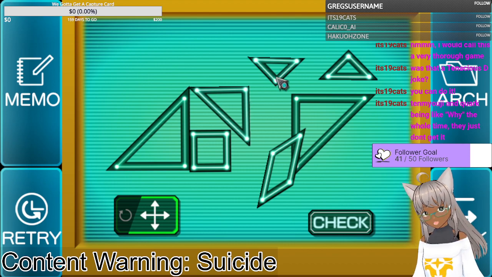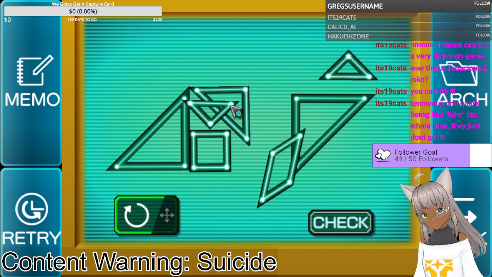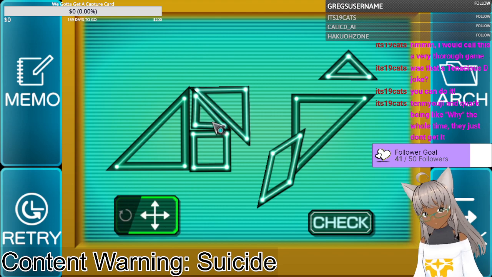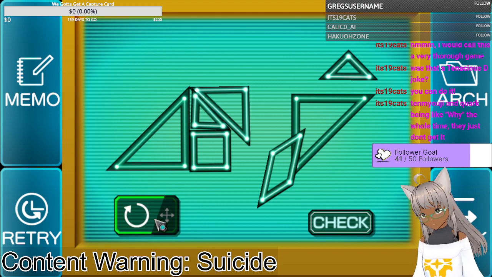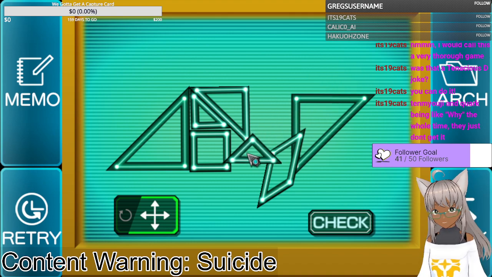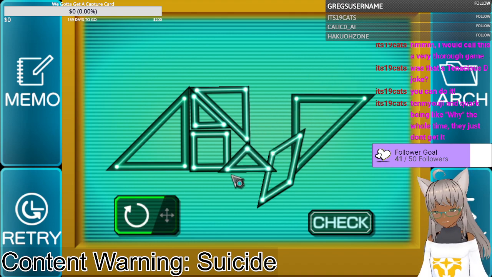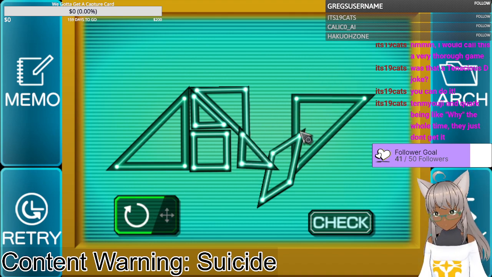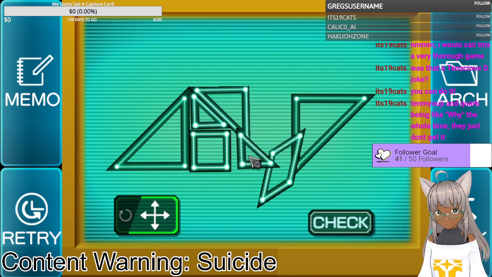So if we put that there, I do believe one of these triangles can rotate and fit right here. How precise is this, do you know? Like, how much of a pain is it gonna be to rotate all these the right way? Or is it just a, like, good enough sort of thing?